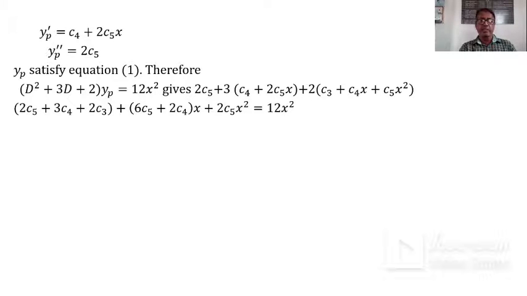If we simplify this bracket, d square of yp is yp double dash, and yp double dash is 2c5, plus 3 times the derivative of yp, means yp dash, which is c4 plus 2c5x, plus 2 times yp, where yp is c3 plus c4x plus c5x square, and this is equal to 12x square. We substitute these values here, collecting the like terms and so on.